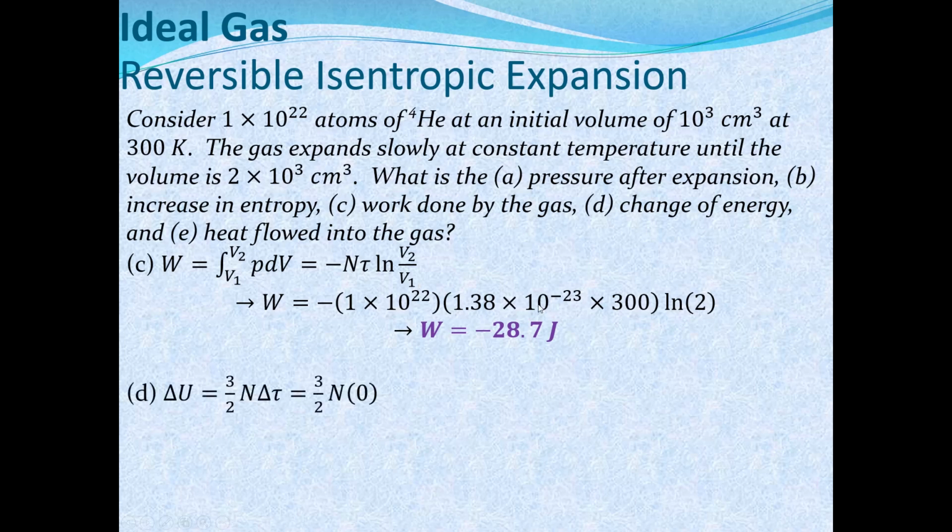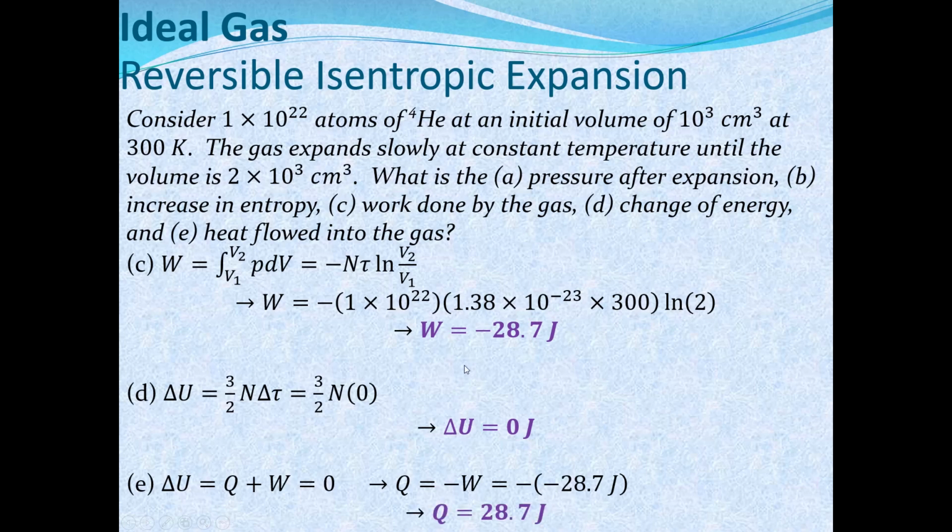It's going to be 0, because again, that's what an isothermal process is. No temperature change, no internal energy change. So from here, we can find the heat flowing by just using the first law, setting the change in internal energy to 0, and realizing that the heat equals the work.